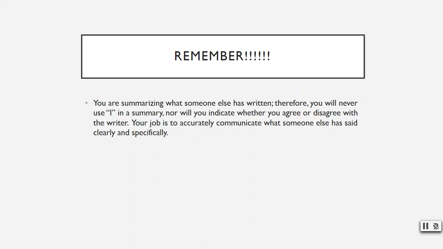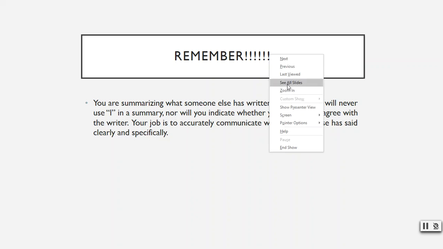So remember, you are summarizing what someone else has written. Therefore, you will never use "I" in a summary, nor will you indicate whether you agree or disagree with the writer. Your job is to accurately communicate what someone else has said, clearly and specifically.